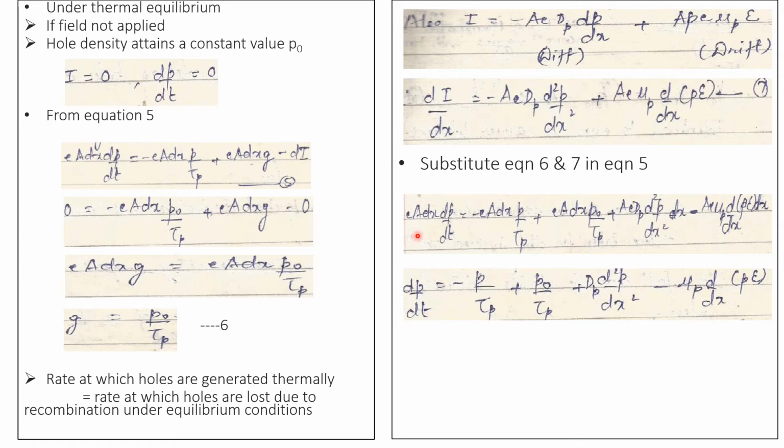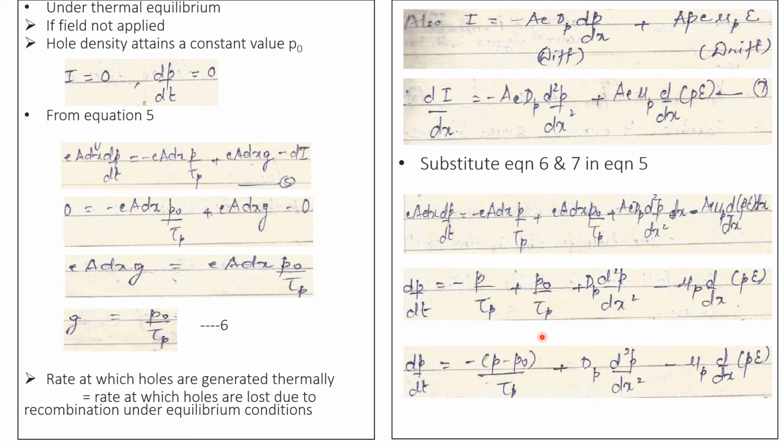Divide the equation throughout by EA dx, you get this equation. EA dx will get cancelled out. Here the denominator tau p is the same, so it is taken as minus of p minus p0. Rest remains the same.